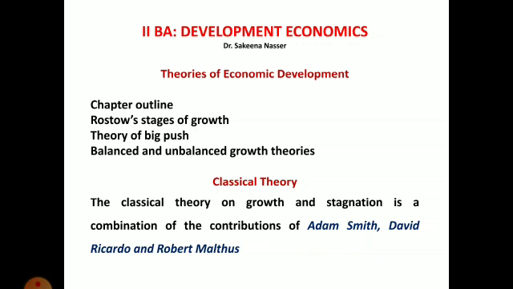The classical theory was put together by combining the common strands of thought of these economists within the individual growth theories. To understand the generalized classical theory of growth and stagnation, let us first look into the individual theories propagated by each of the three economists, namely Adam Smith, Robert Malthus, and David Ricardo.